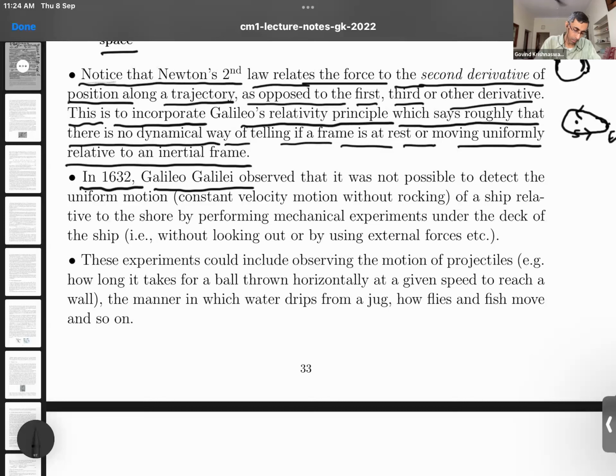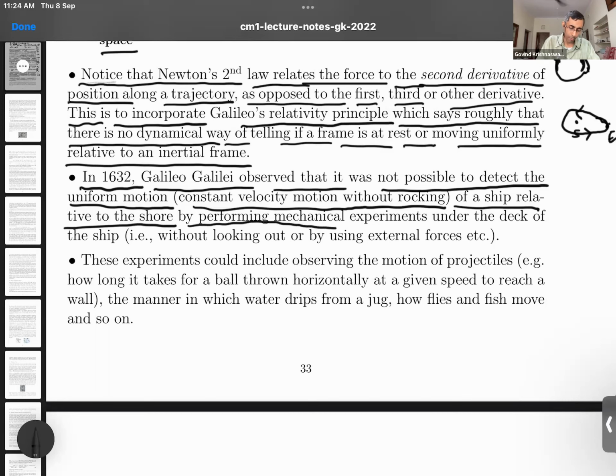Galilei is from Italy. He observed that it was not possible to detect the uniform motion, by which I mean constant velocity motion without rocking, of a ship relative to the shore. So this is an actual experiment, performing mechanical experiments under the deck of the ship.